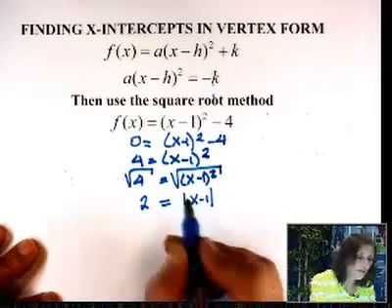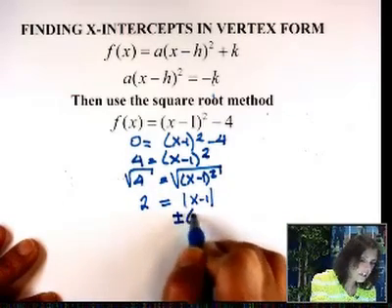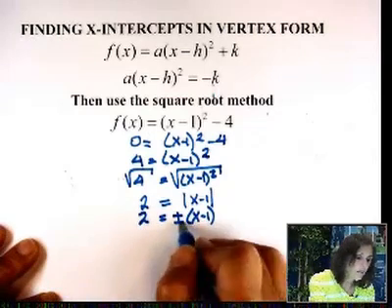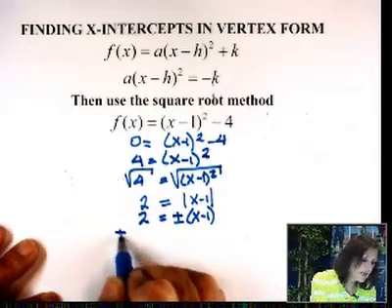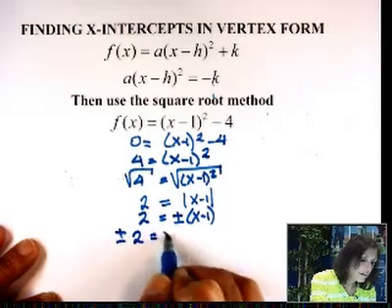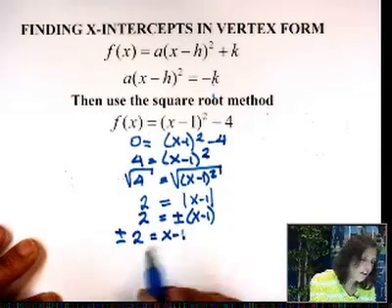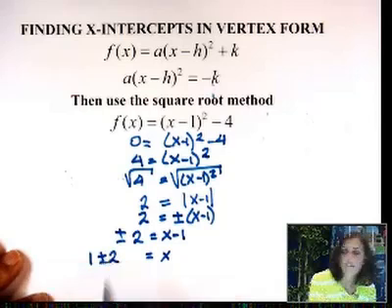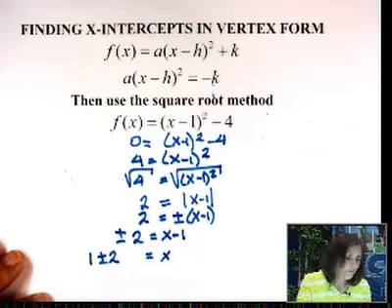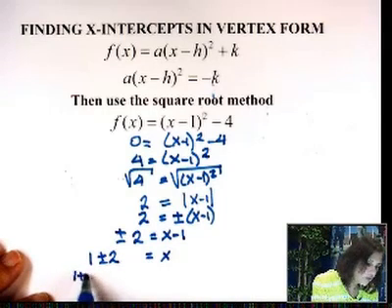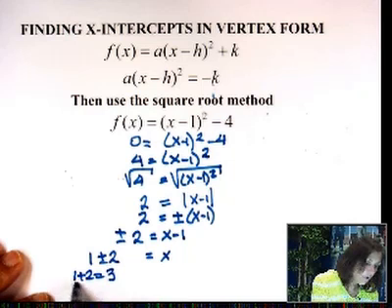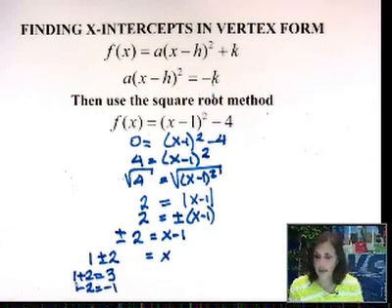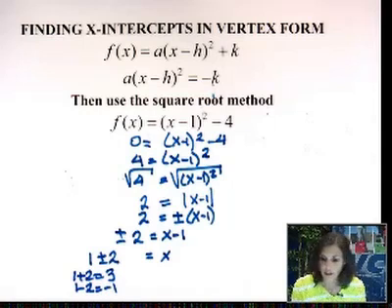Remove the absolute value, you're going to get plus minus, x minus 1. Then you move the plus minus to the other side, and then move 1 to the other side. You're going to get 1 plus minus 2. That will give you 1 plus 2, which is 3, and 1 minus 2, which is negative 1. Okay? 3 and negative 1.